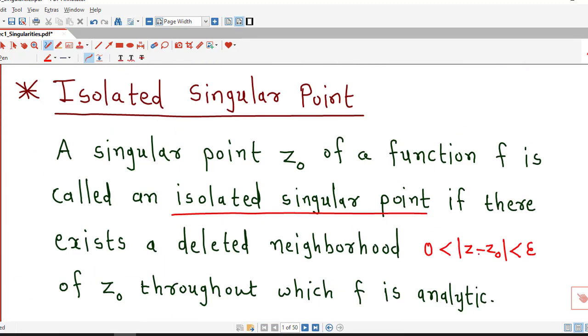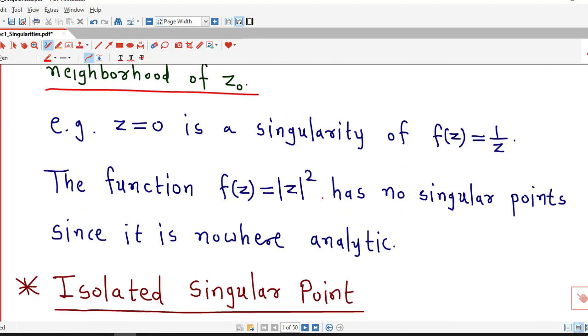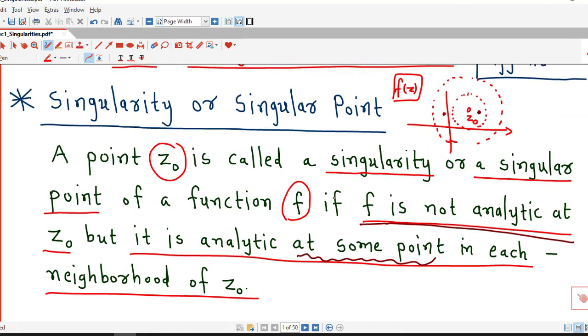So again we repeat, a singular point z0 of a function f. Just a minute, this is the definition of an isolated singular point, we will come to it later.